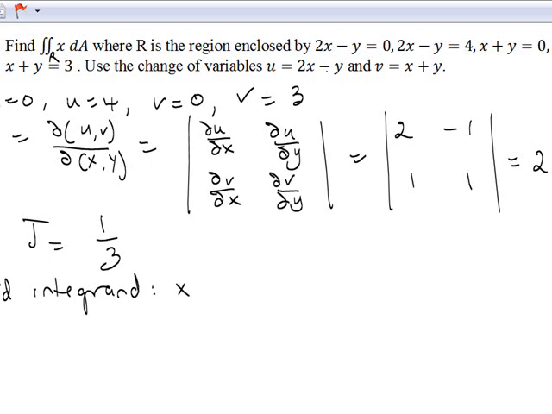But we need to write x in terms of u and v. Look at the two transformations. u equals 2x minus y. v equals x plus y. How can I find x from these two? Just add them together. Beautiful.